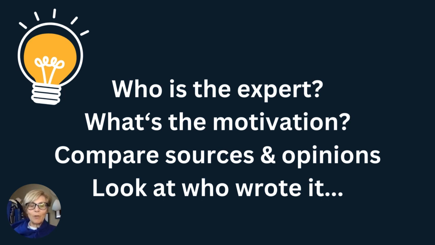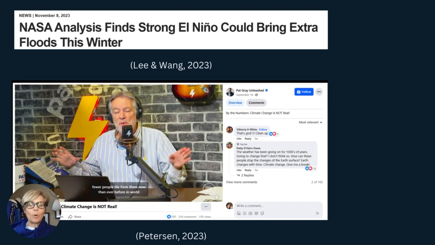So we need to use our knowledge and our ability to really look at who is the expert, what is their motivation, to be able to compare different sources and opinions, consider who wrote it. For example, two articles here about the same thing.